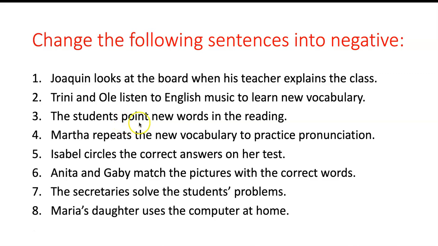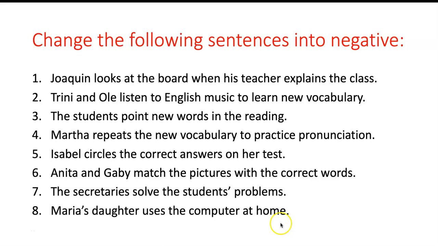The students point new words in the reading. Marta repeats the new vocabulary to practice pronunciation. Isabel circles the correct answer on her test. Anita and Gabby match the pictures with the correct words. The secretaries solve the students' problems. Maria's daughter uses the computer at home.